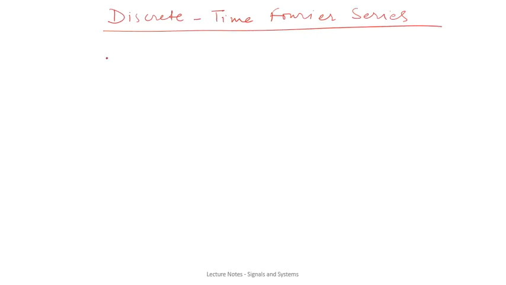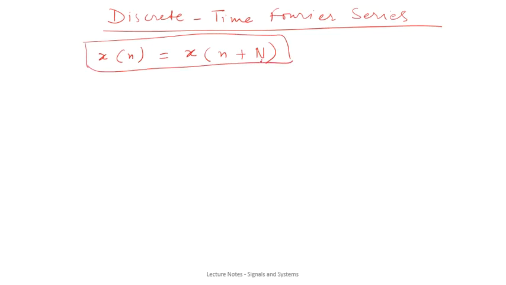So you know that a discrete time signal, which is represented by x[n], is periodic if it follows this condition, where this N is called the period of the signal.